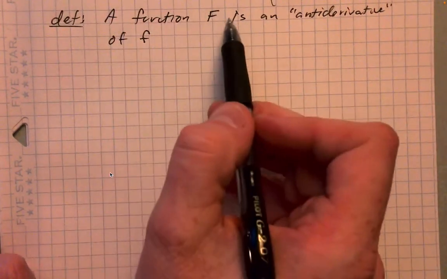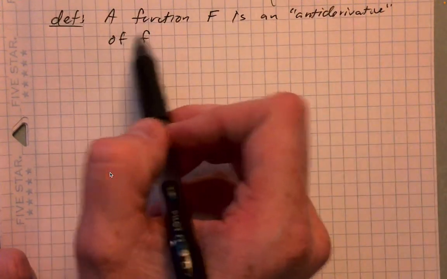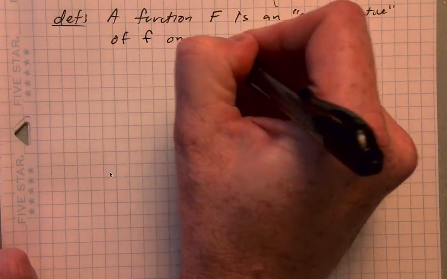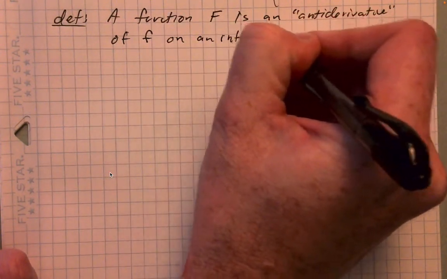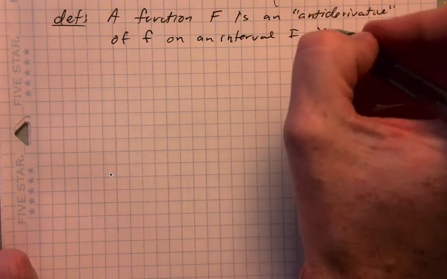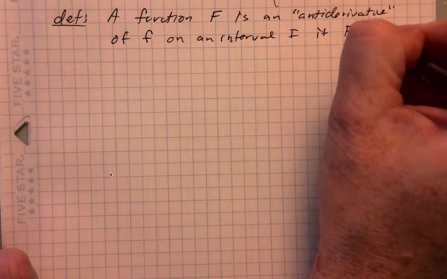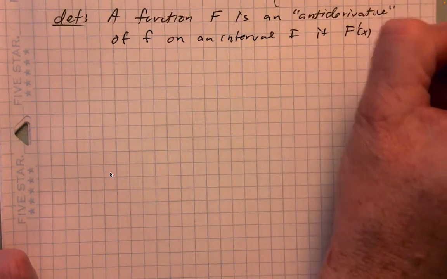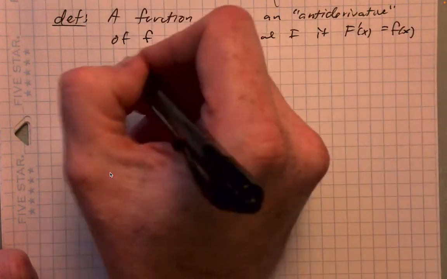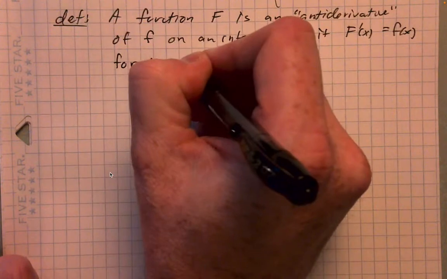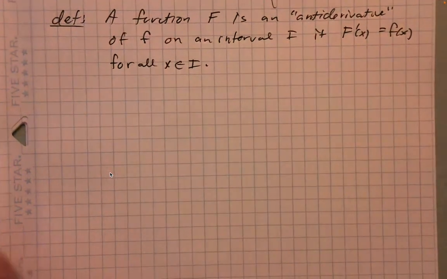A function big F is an antiderivative of little f on an interval I if big F prime of x is equal to little f of x for all x in the interval I.